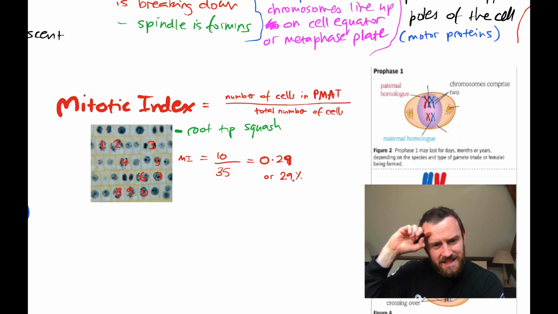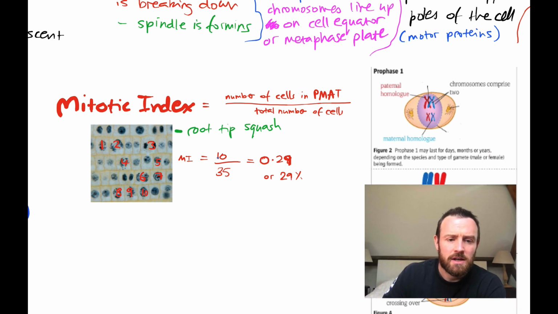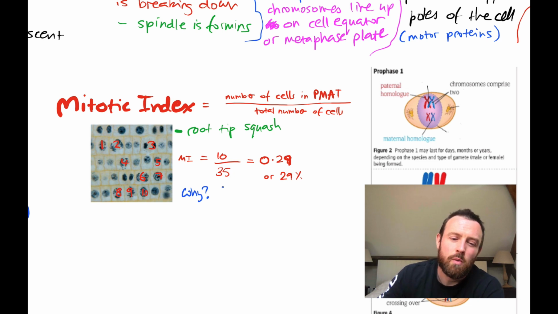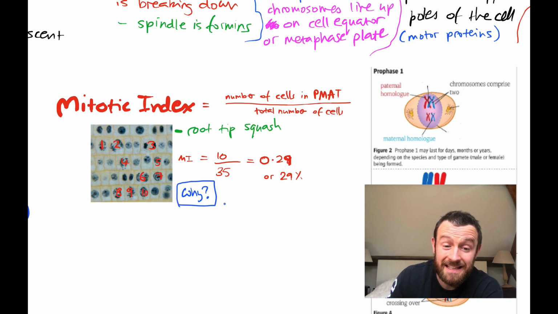Now, why would we want to study the mitotic index? Well, in humans, tissues should have a mitotic index within a range of a set value. So one application of this might be smear tests, okay?